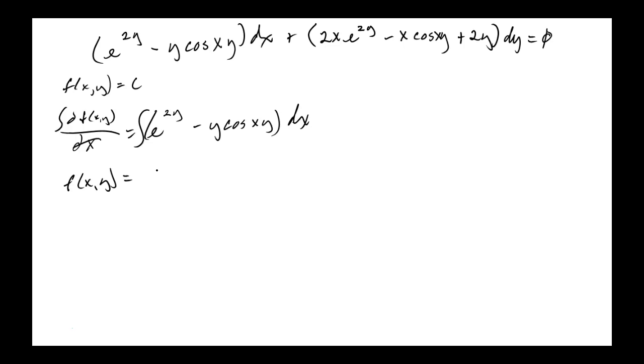So it'd just be x e to the 2y. That wasn't too bad. But we hadn't got to the second part yet. It's not too bad either, is it? The y is just a constant. That's the antiderivative of cosine, so it'd be sine of xy, but we have to unchain rule it.